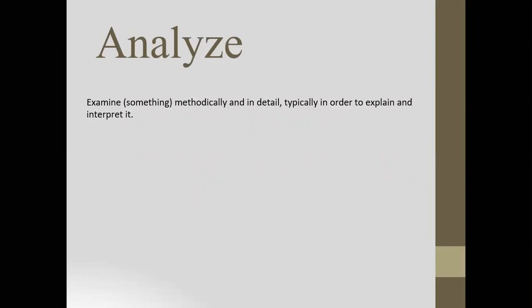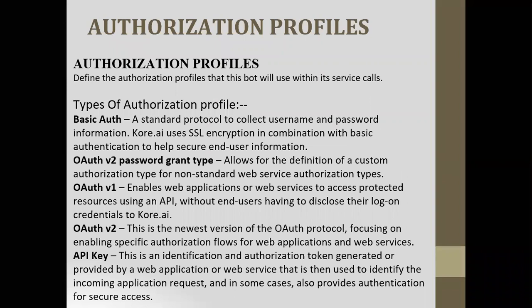Analyze. How can the bot respond if someone says, can you show me the contact details for the PMO office? It will go to the search and provide you some information.